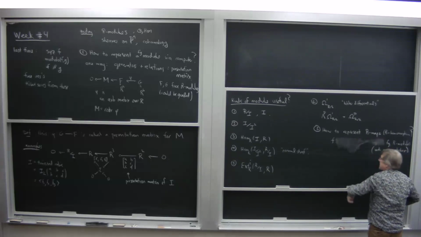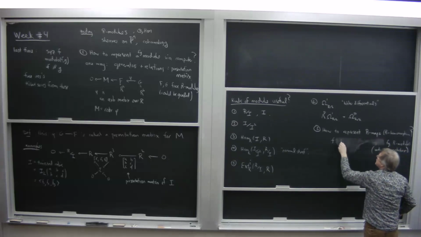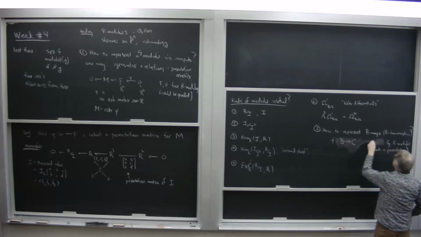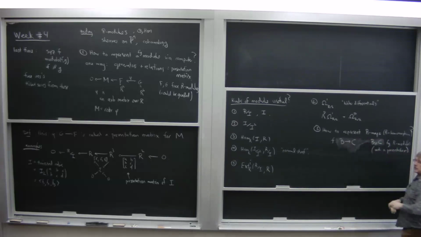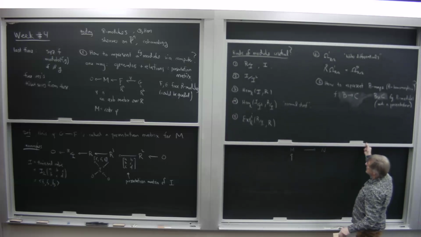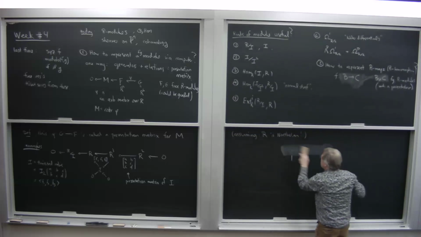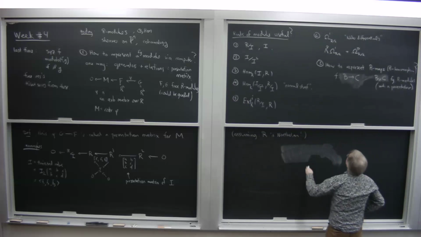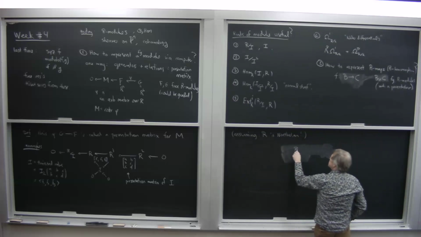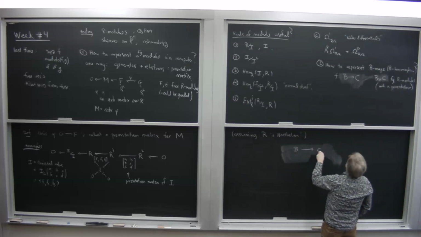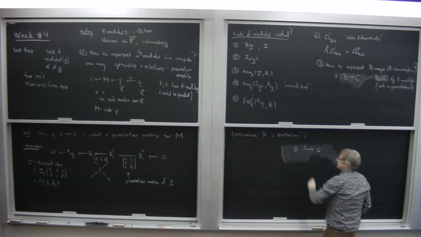I want to call this F from B to C, and B and C are going to be finitely generated R modules. Otherwise I get into naming conflicts. So here is my map from B to C, and it's going to be called F.